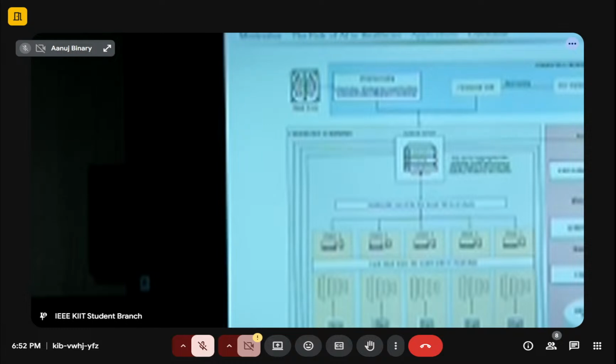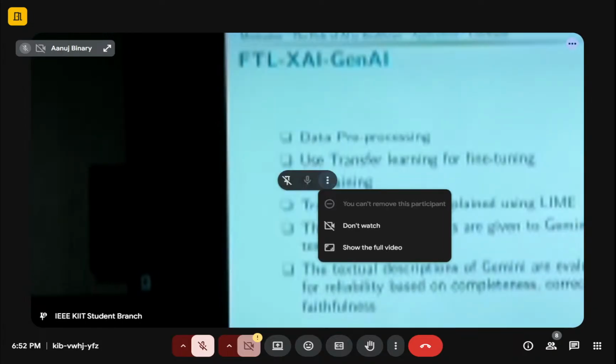Then the explanation of whatever the disease is, is done by ChatGPT. Sometimes for disease prediction we can take help of the doctors as well, but when we are not able to get the doctors, we take the help of ChatGPT. Here you can see the same thing whatever we have done: data pre-processing, use transfer learning for fine tuning, then fine tuning, then FL training. Whatever has been explained here is written here only.